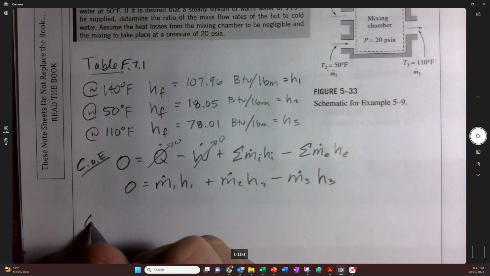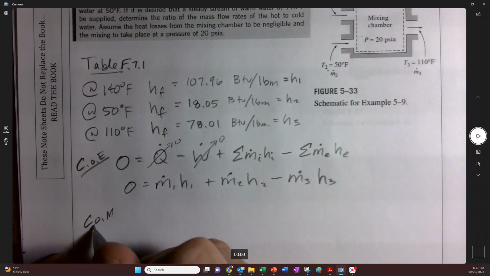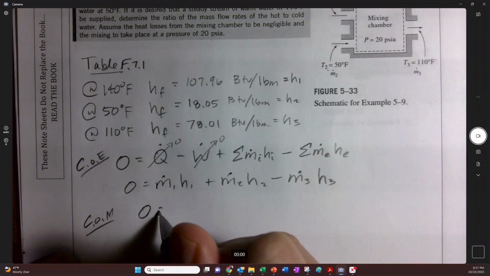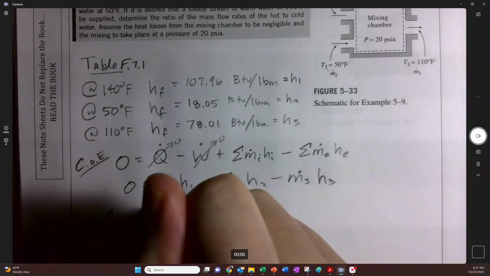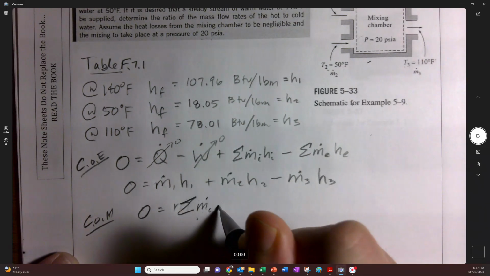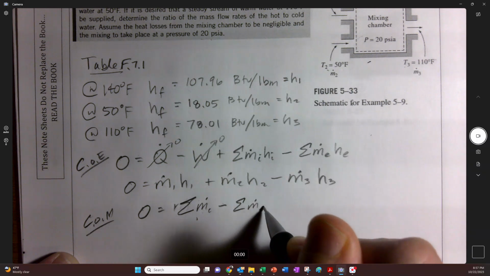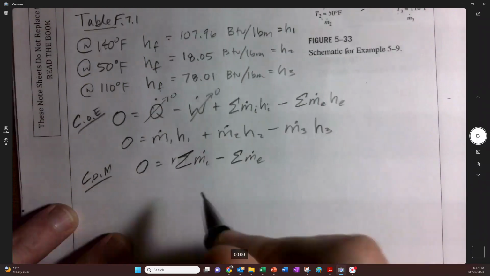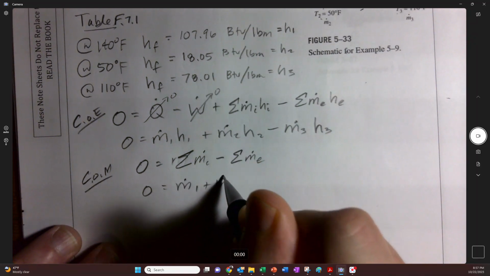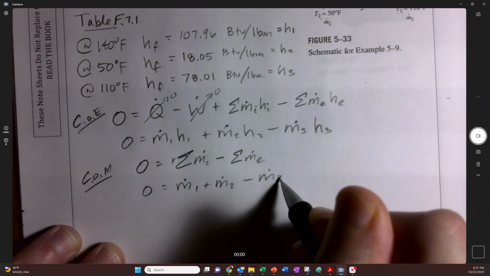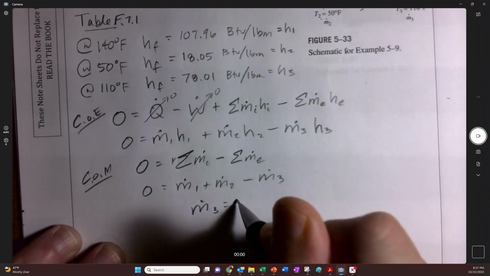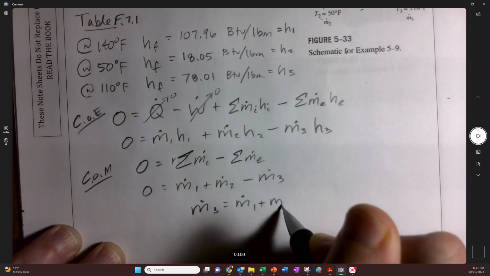Now we can also use the conservation of mass, which says the summation of m dot in minus the summation of m dot out, or for us, m dot 1 plus m dot 2 minus m dot 3 equals zero. Therefore, m dot 3 is equal to m dot 1 plus m dot 2.